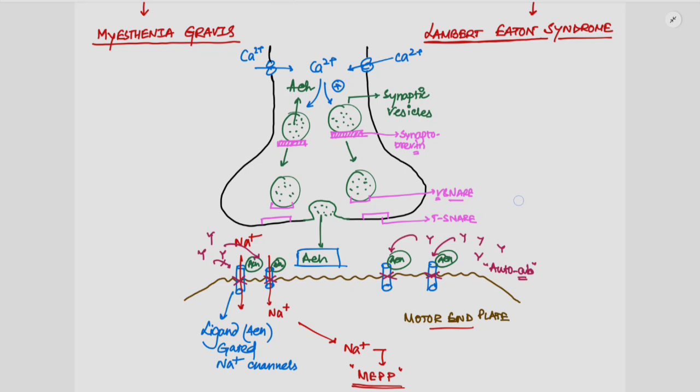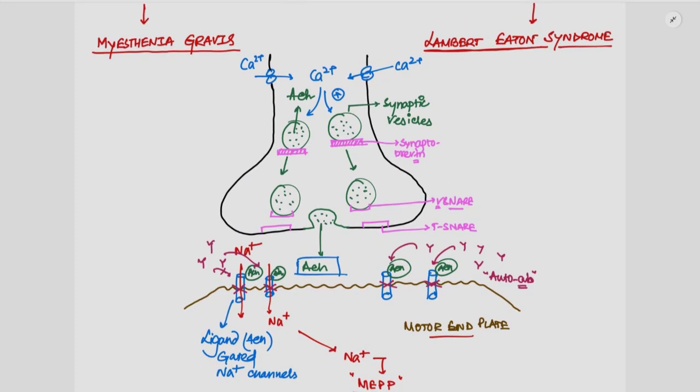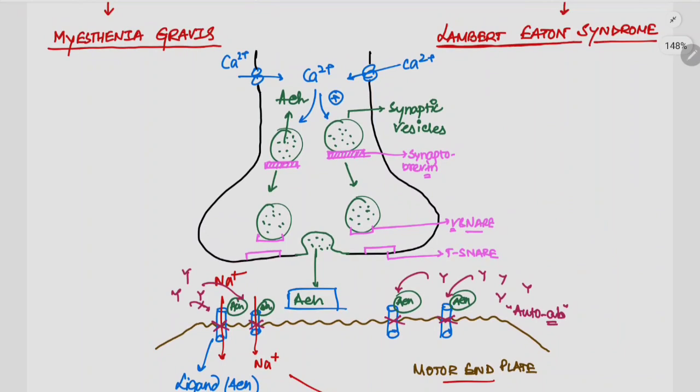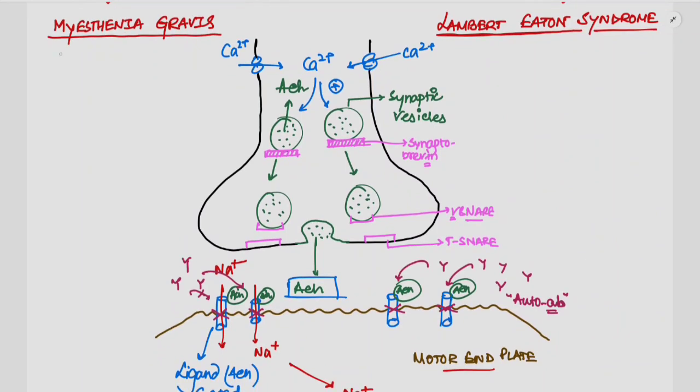So here we write the whole pathophysiology in a flowchart manner. The main thing is the autoimmune response.